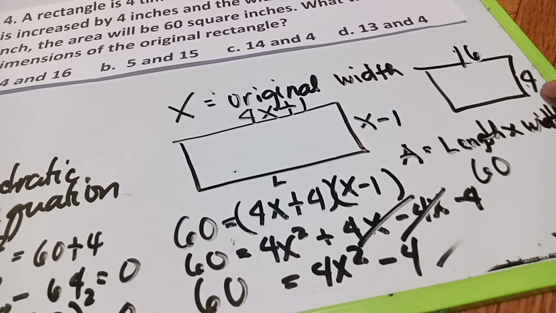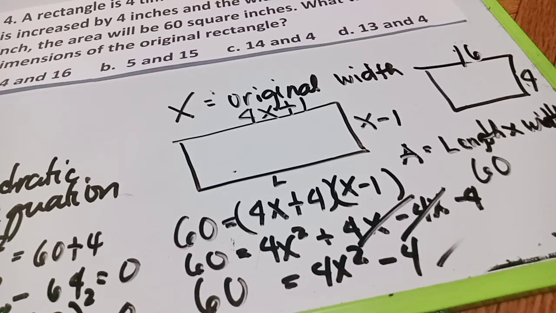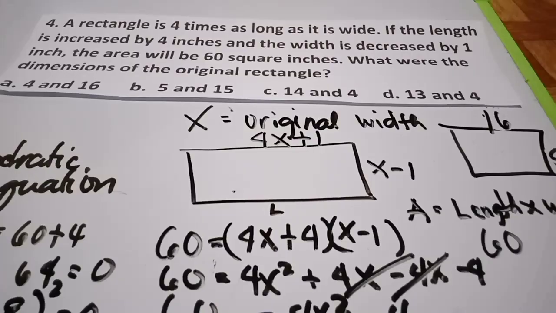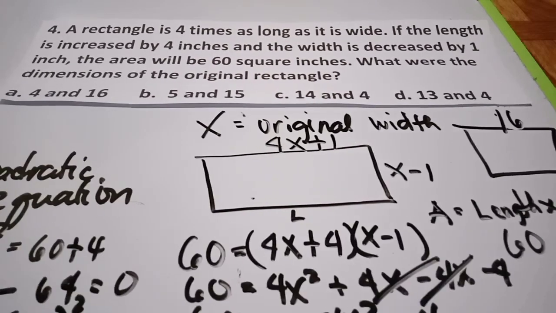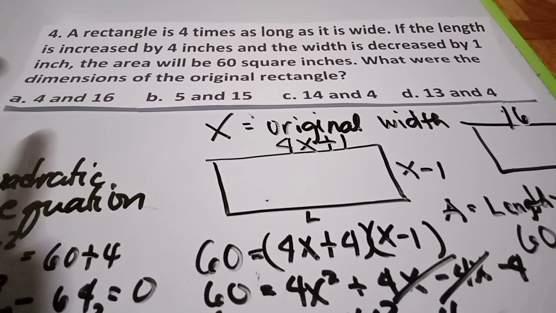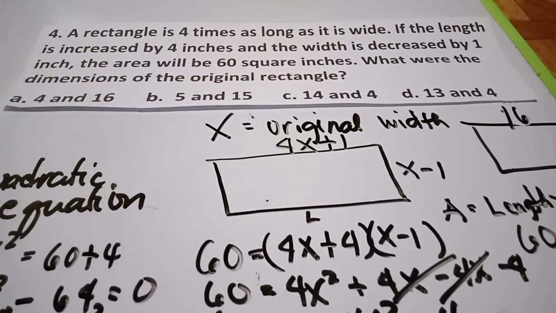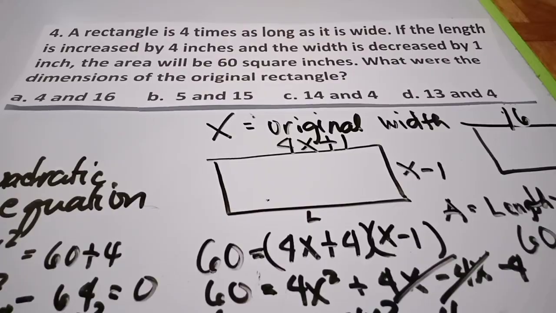So 4 is the width and the other one is 16. So the best answer for that is letter A: 4 and 16, the width will be 4 and the length will be 16.